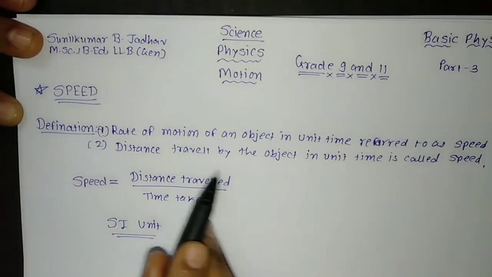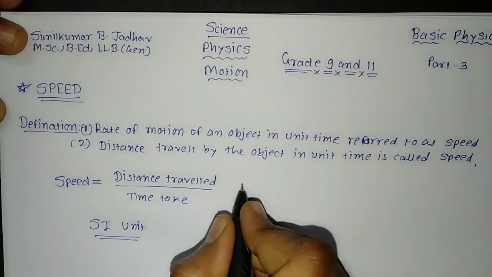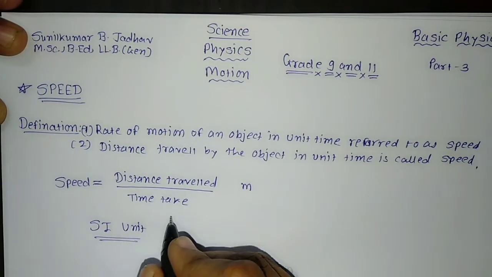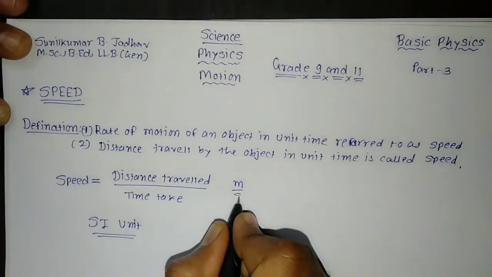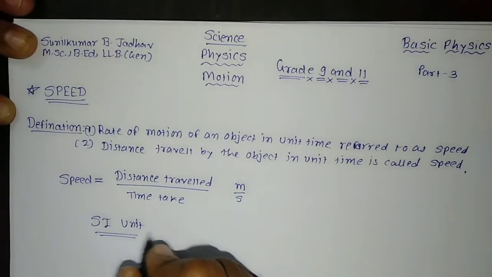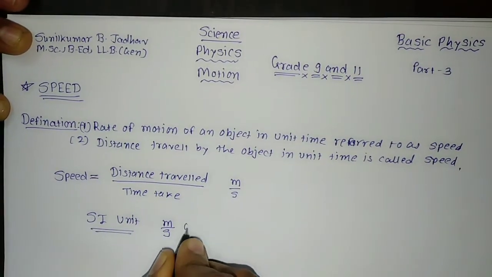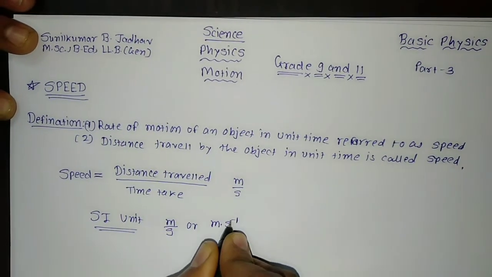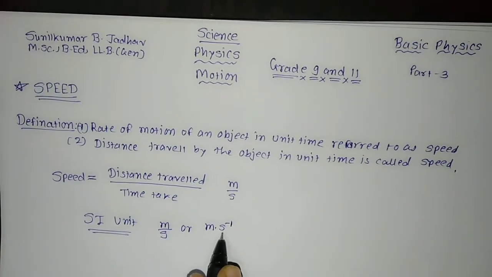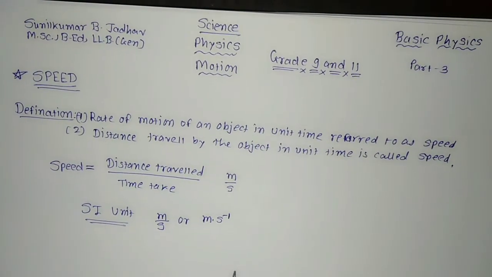The SI unit of distance is meter, and the SI unit of time is second. So the SI unit of speed will be meter per second, or in another way we write it as meter into second inverse, but while reading you have to read meter per second. This represents the symbol meter per second.